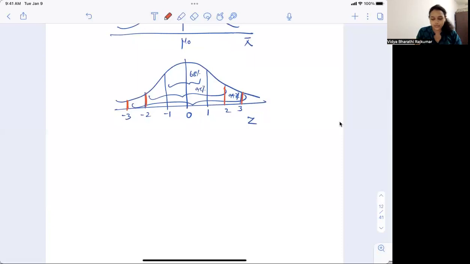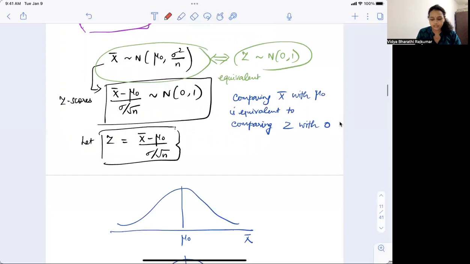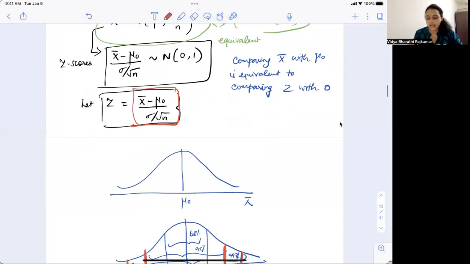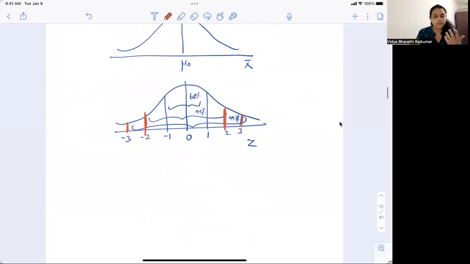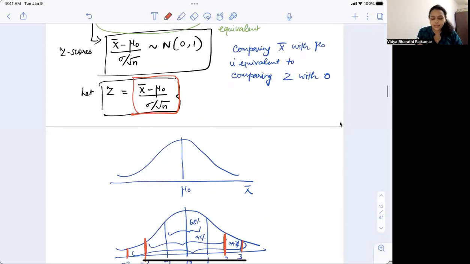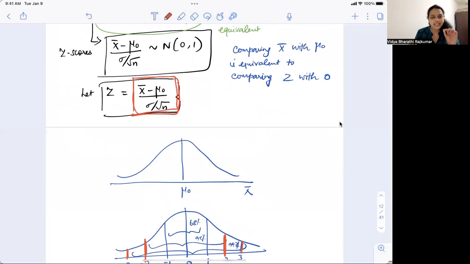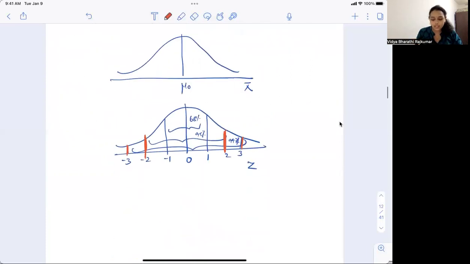It's much easier to compute those areas using the z-score value. So once I identify those cutoff points, these critical values, they are denoted using this expression because they come from the z-score table. And this specific expression that you see here is the specific z-score value for our sample x bar. We'll compare that with these cutoff values that I evaluate from the standard normal distribution.